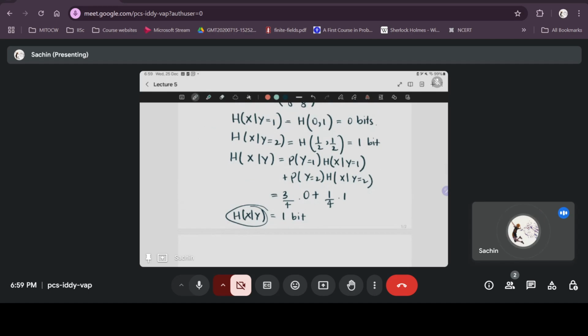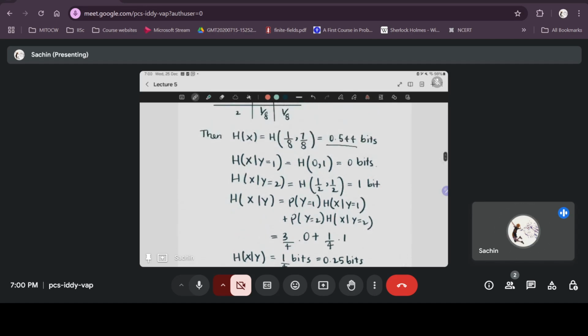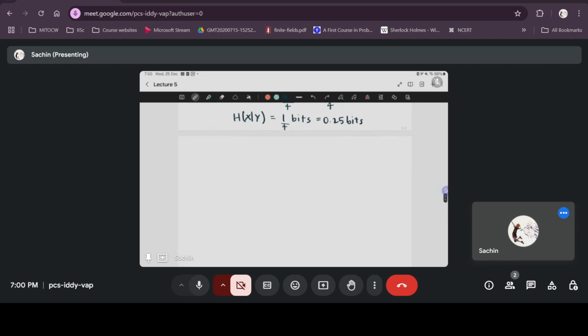Sorry, it's not 1 bit. This is 1 over 4, which is 0.25 bits, which is less than h of x, 0.544 bits. So on average, knowing the value of y will reduce the uncertainty in x. That is an illustration of the theorem that I proved earlier. That is, conditioning reduces entropy.